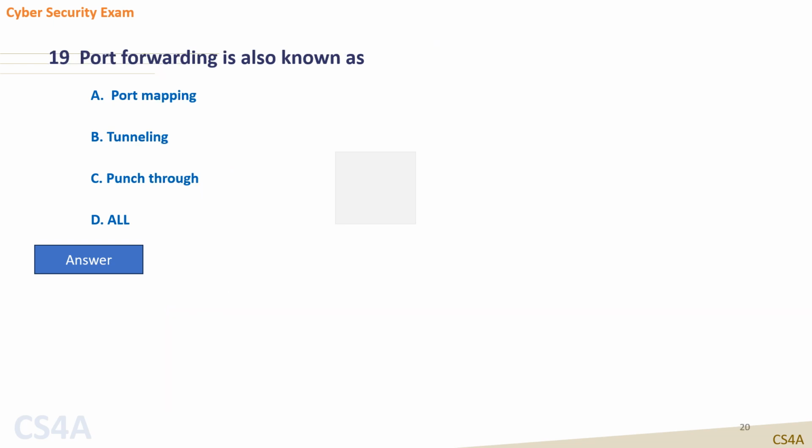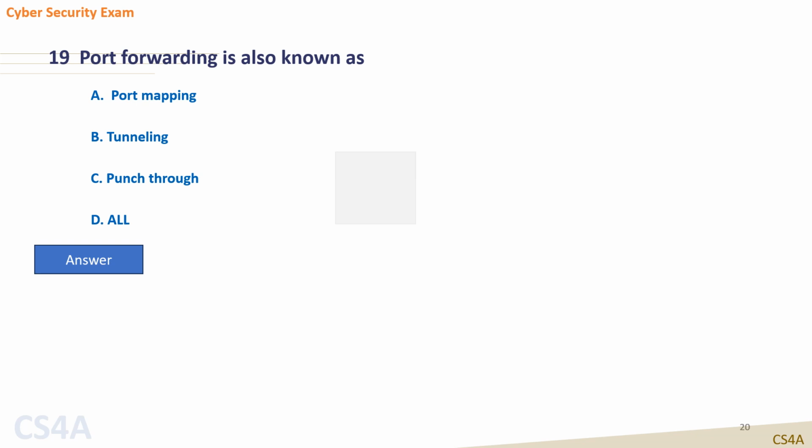So here the question is, port forwarding is also known as port mapping, tunneling, punch through, or all. So what is port forwarding? Port forwarding is a mechanism through which a device or computer in a private network can be made accessible from public computers.